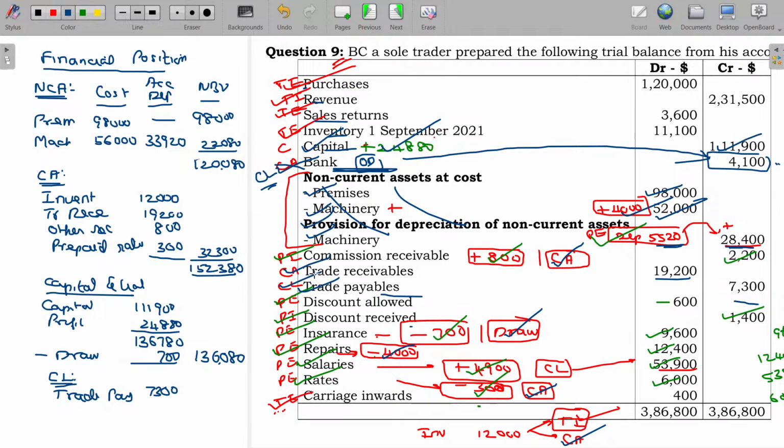And here is salaries maybe outstanding, means other payables, being 4,900. Bank being on the credit side representing overdraft. Not stated as overdraft, but you can guess it easily that this amount is on the credit side, so it is current liabilities, 4,100. The total of current liabilities being 16,300.